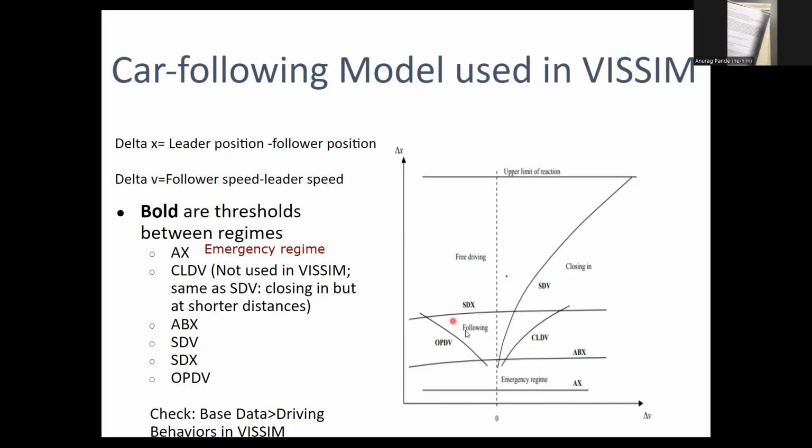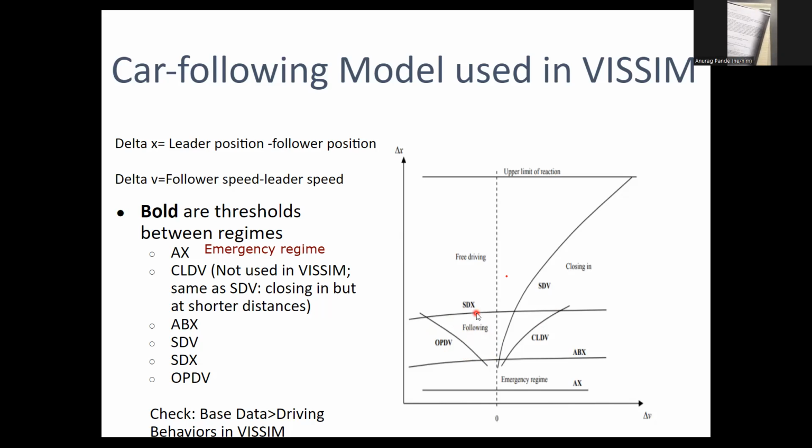And then there is this region here where you're not closing in on them, but you're still close enough to them. Your gap is probably not closing, but you're so close that your delta X value in this region is so small that you have to react to whatever the leader is doing. So in what we call the following regime, basically we copy the behavior of the leader.